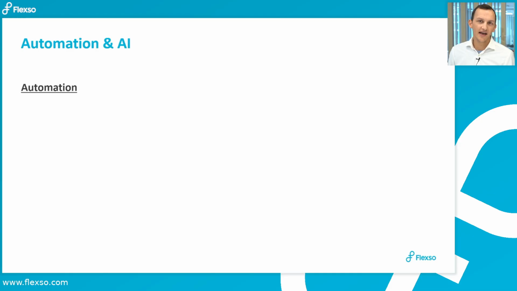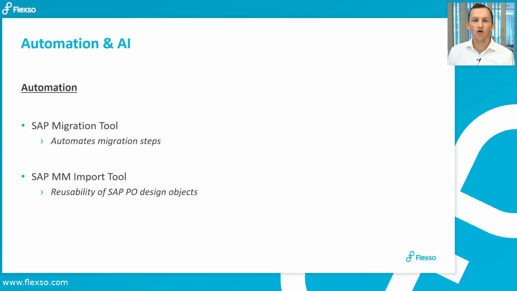Automation and AI. Automation is of course the SAP migration tool, which automates those migration steps of importing integration scenarios, or for a hybrid approach, the message mapping import tool, where we will then import message mappings. If you have a look at AI, we also at Flexo have invested a lot in AI.